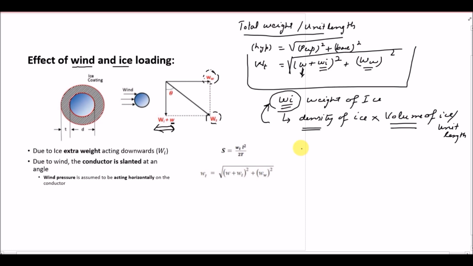For the volume, this particular conductor is a cylinder, right? So the volume of cylinder is pi r square h, right? And in this case we are considering per unit length, so we will consider h equal to 1 meter, because per unit length.